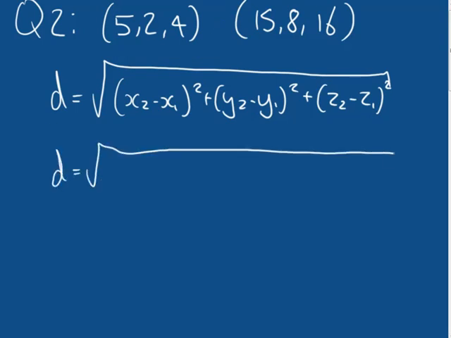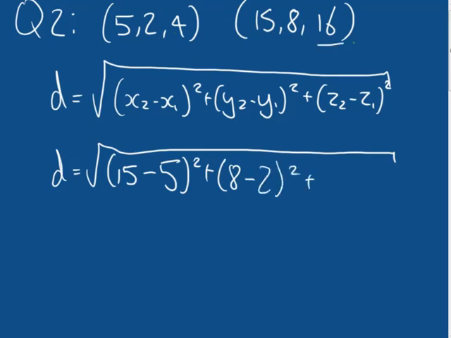So d is equal to the square root of (x2 is 15 minus x1 is 5) squared plus (y2 is 8 minus y1 is 2) squared plus (z2 is 16 minus z1 is 4) squared.